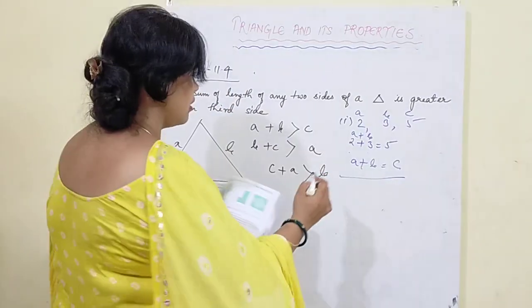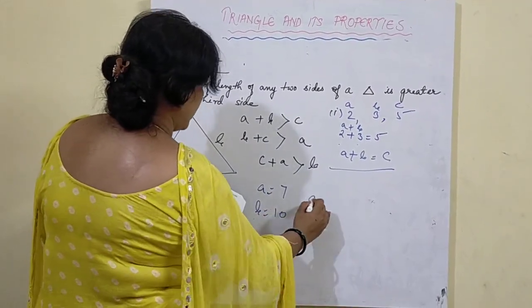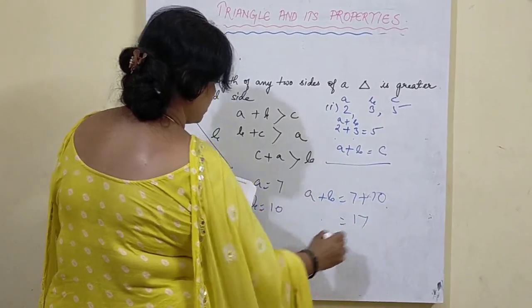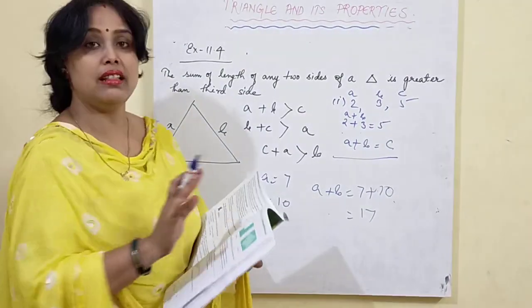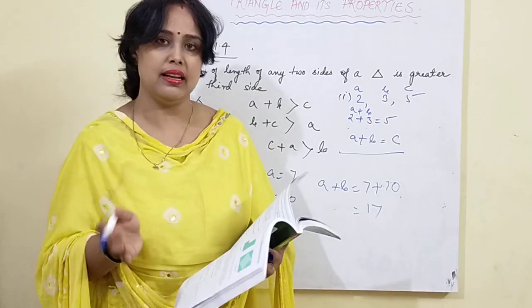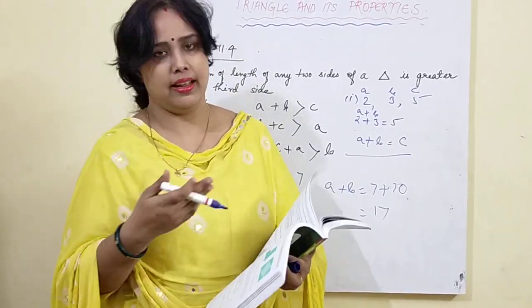So here let A be 7, B be 10. So A plus B is 7 plus 10, that is equal to 17. So C, the third side, will be anything less than 17 centimeter. It can be 16, 15, 12, 11, anything.